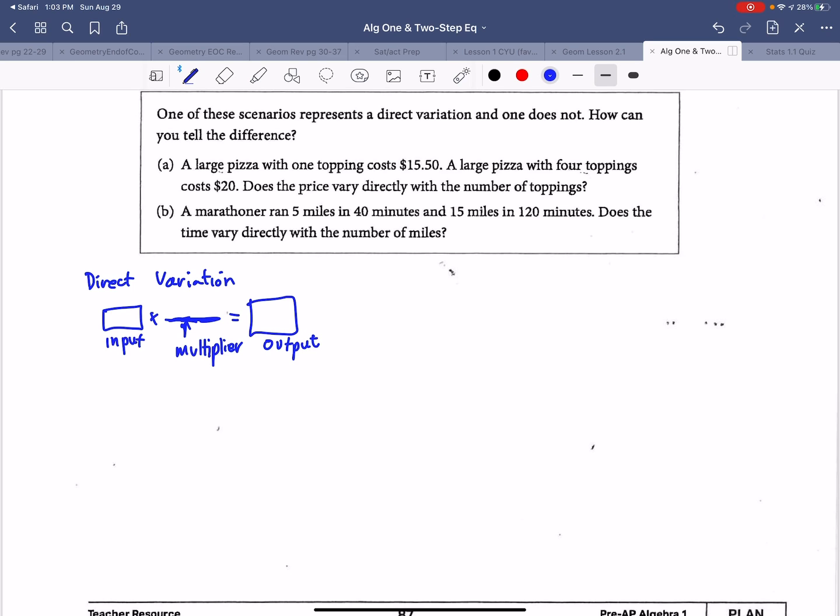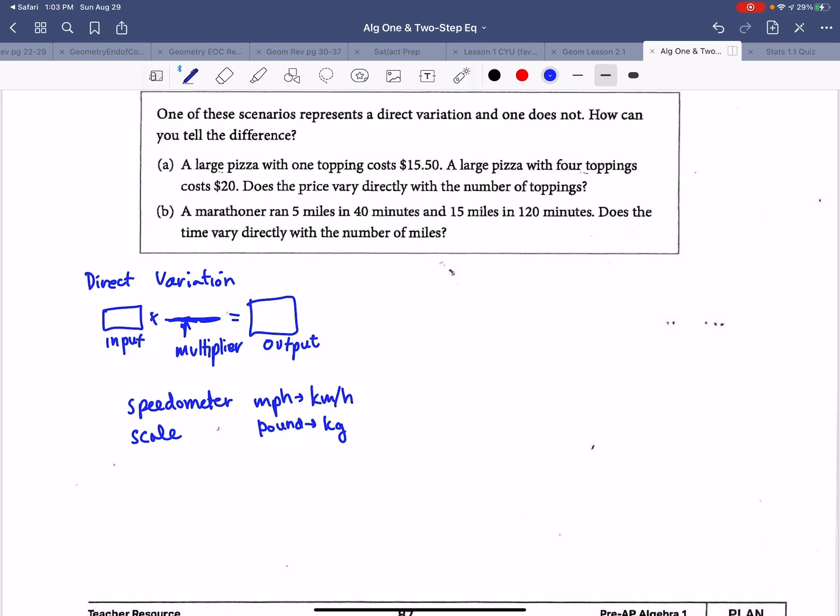Now, we're looking to see if we are going to get the same type of question as some of the ones we did before, like the speedometer, where we did miles per hour and kilometers per hour, right? Our scale, which was pounds and kilograms.